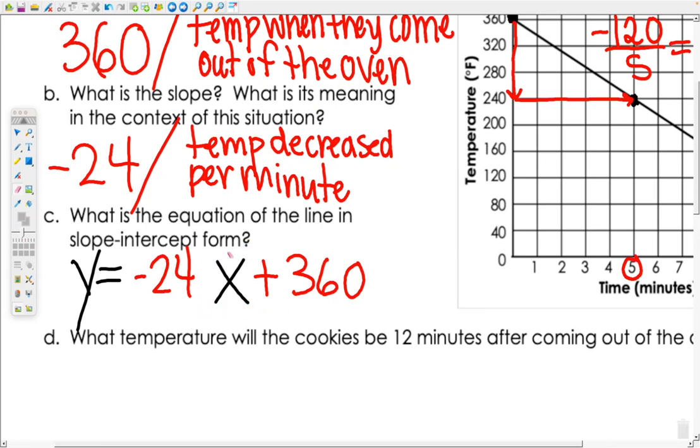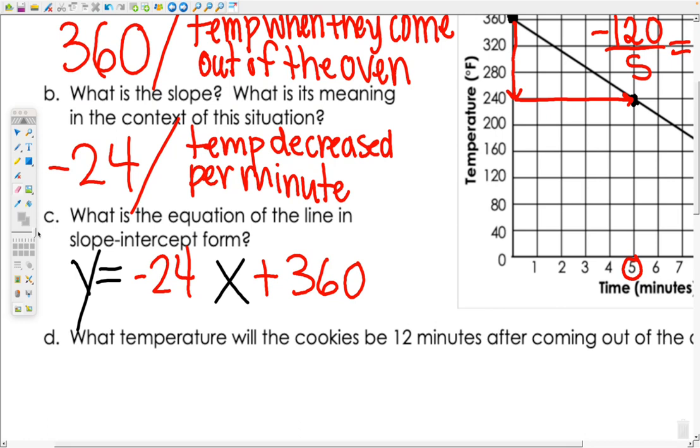Hey, yo, would you please think about the next one? Again, you can figure this out without an equation, but understand they're asking for what temperature will the cookies be 12 minutes after they come out.